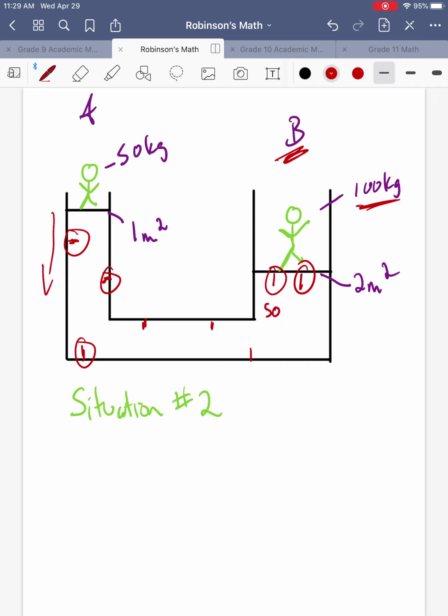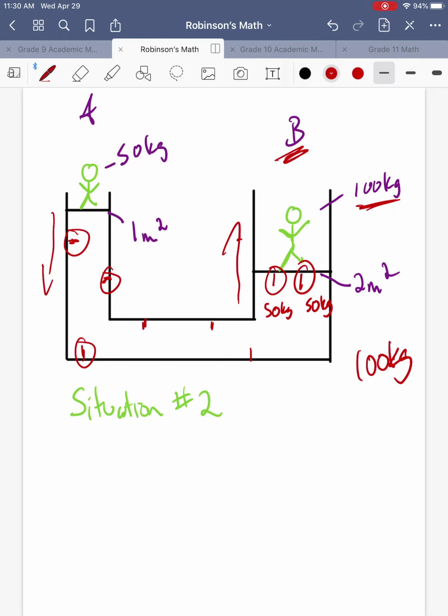And so as we have 50 kilograms here and an additional 50 kilograms there, we have a total upward force of 100 kilograms.